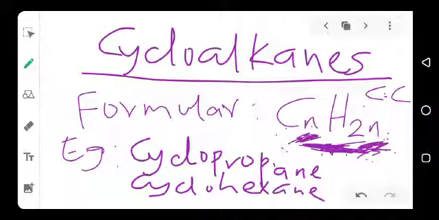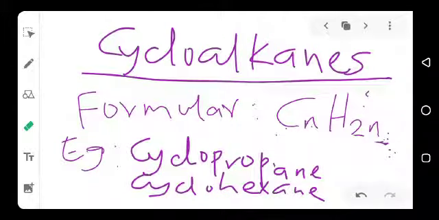So it is only when we have 3 carbons, 1, 2, 3, that we can join this one and this one, and then this one joins like this. Only this can form a closed system.